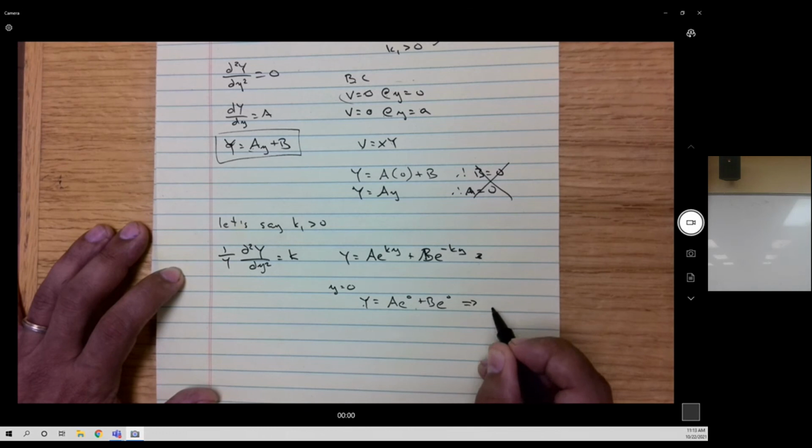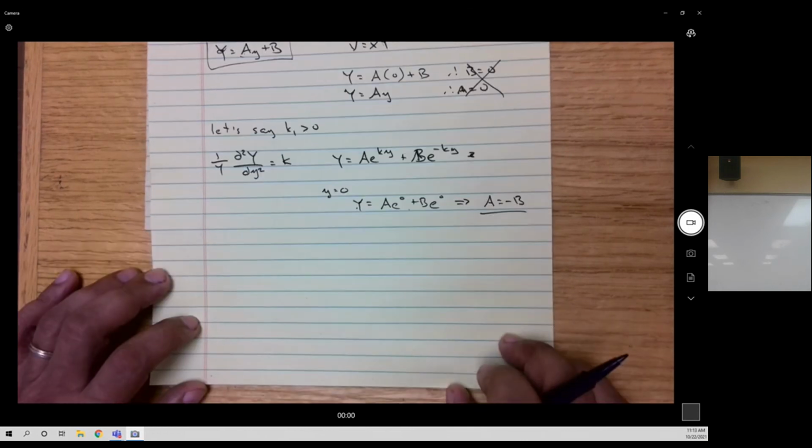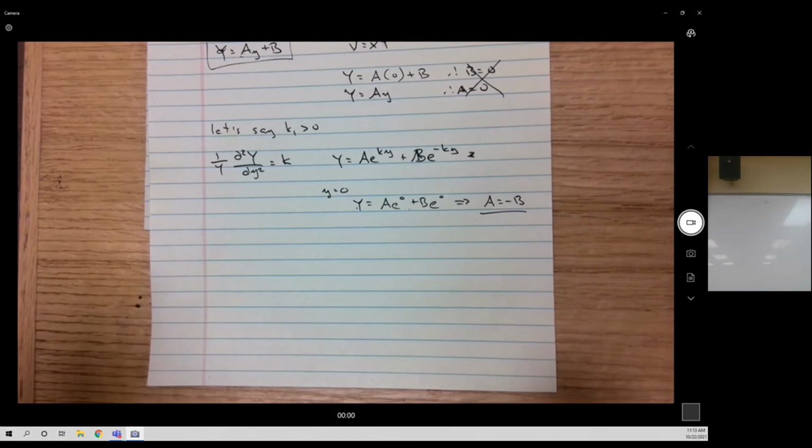So that implies that A has to be equal to minus B. Okay, it could happen. Nothing strikes me right now that couldn't happen. So okay, we're going to keep working.